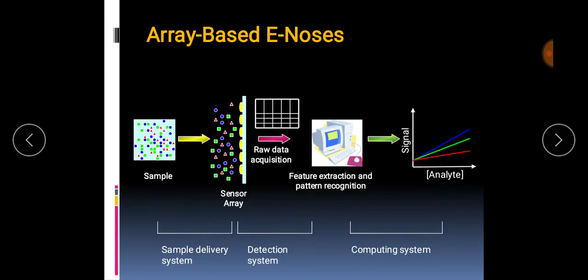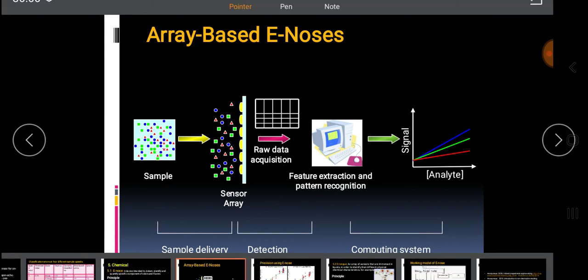See, the sample is here, the sensor is fitted here, and the raw data acquisition happens here, and the signal will go on, and we have a library of different samples, and it will cross verify that data and make a decision whether the sample has good flavor or off flavor. All these things it will do.